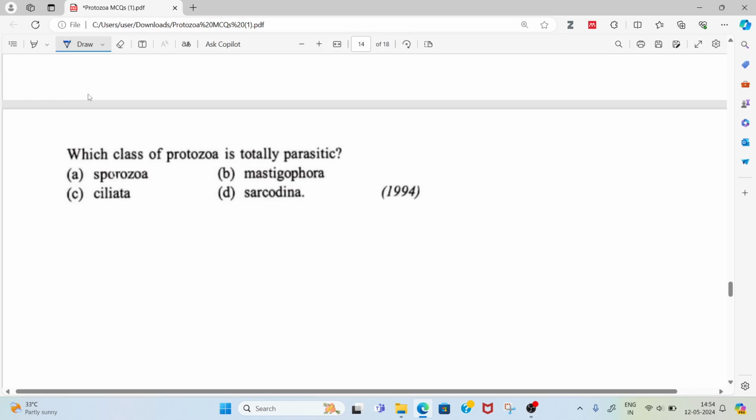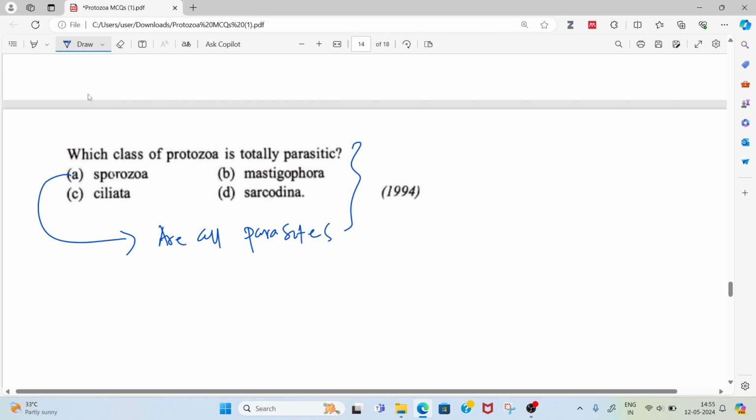Which class of protozoa is totally parasitic? Very important question. Among 4 classes, Mastigophora, Sarcodina, Ciliata and Sporozoa, all members of Sporozoa are parasites, and they are very dangerous parasites.